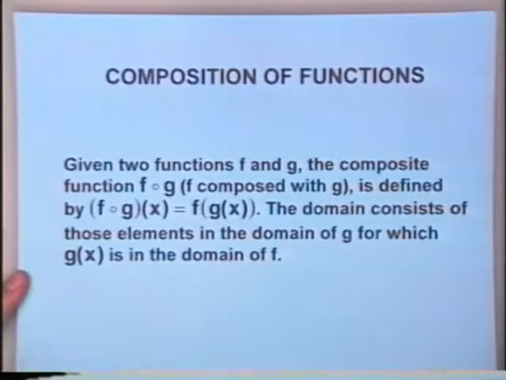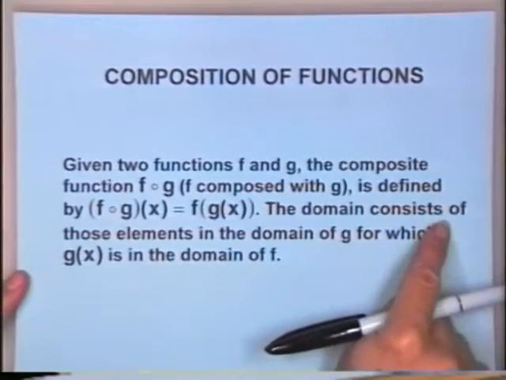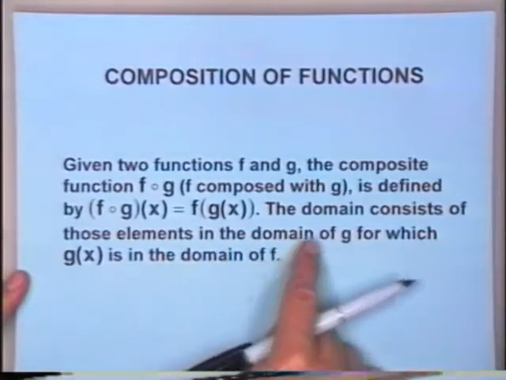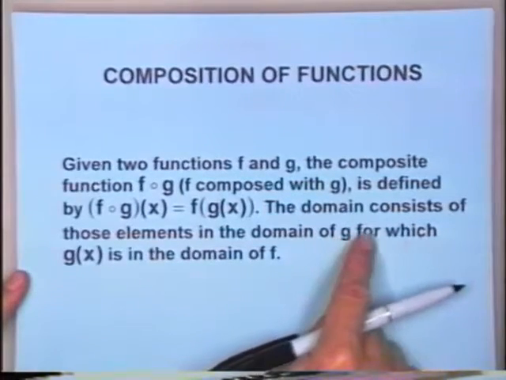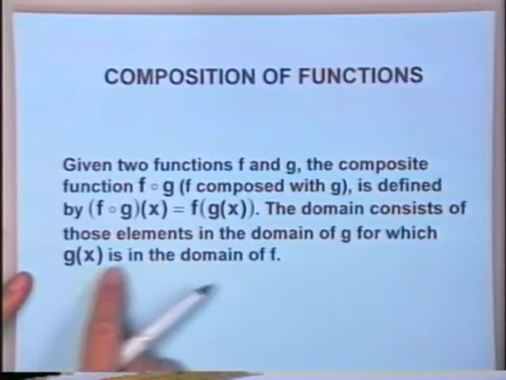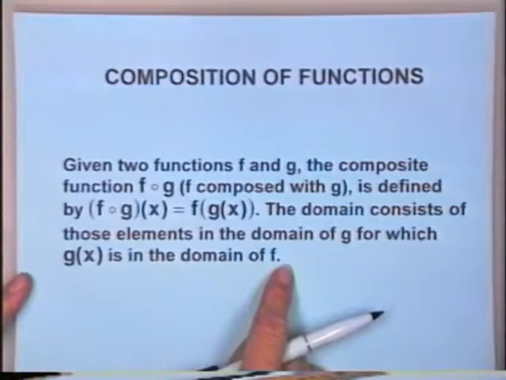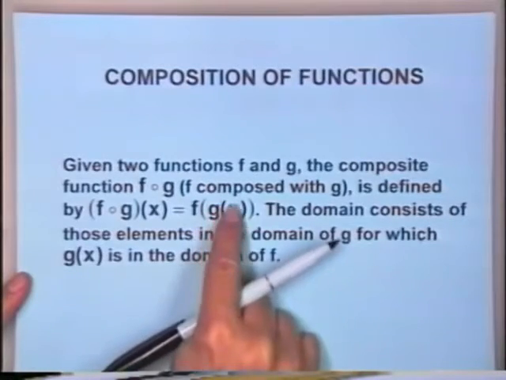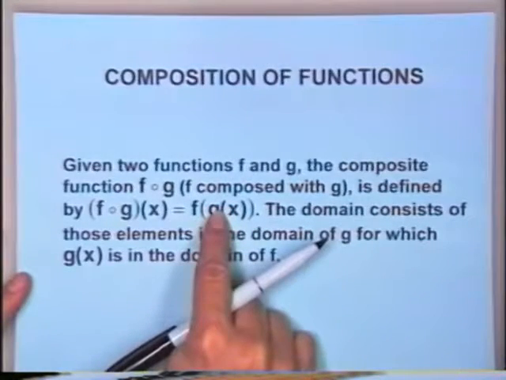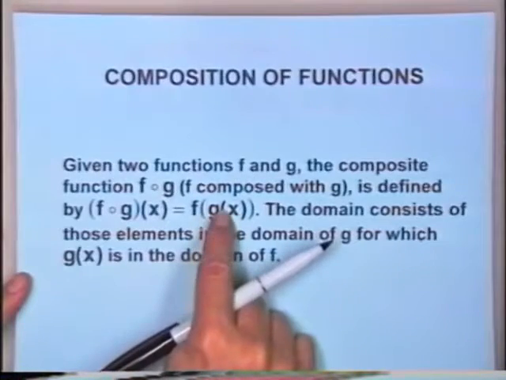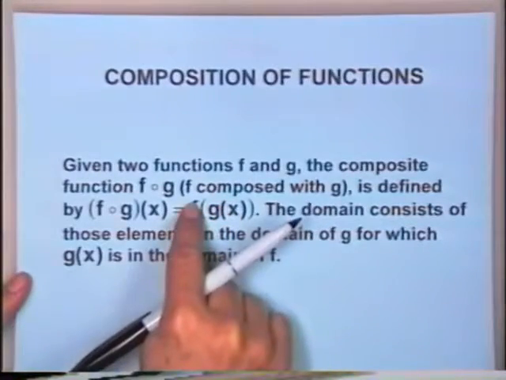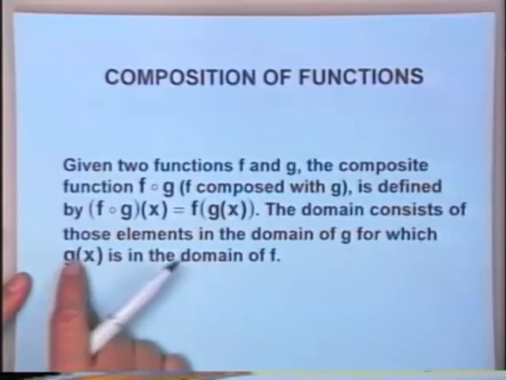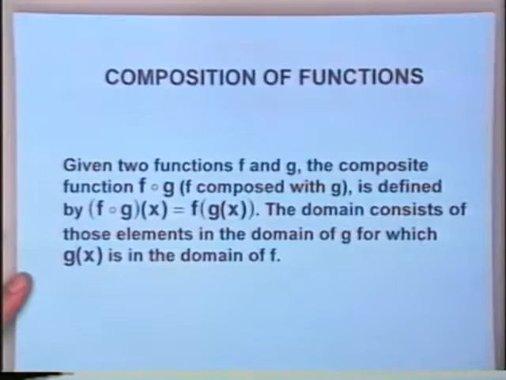Now, the domain consists of those elements in the domain of g for which g of x is in the domain of f. This will be more clear when we look at some examples, but what we're saying is we have to start out with those numbers for which g is defined. g has to be defined first. And then the result of putting that x into function g goes into function f, so that result, g of x, has to be in the domain of function f.